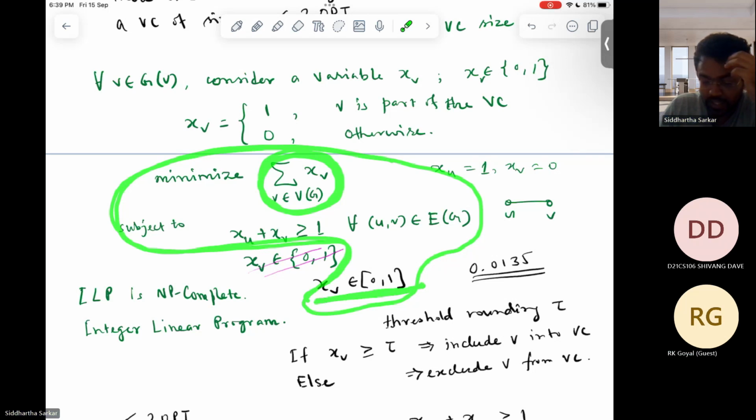Earlier your domain from which the variables have to be taken was only 0 and 1. Now you have a larger domain, 0, 1, and all real numbers between 0 and 1. Because you are minimizing over a larger domain, maybe you will be able to minimize even further.